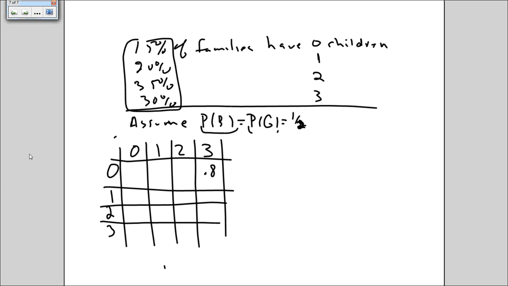Let's suppose that, and this is 0.7, and this is 0.2, and this is 0.4, and this is 0, and this is 0.3, and this is 0.86. Suppose you had those numbers.